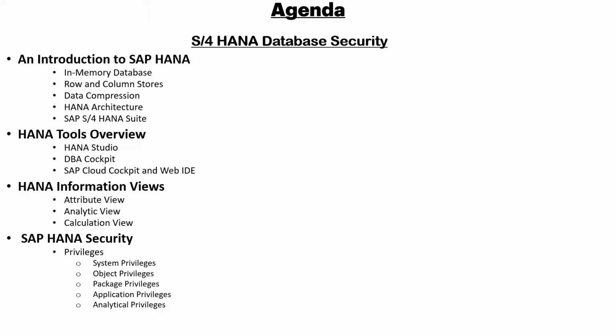Although security practitioners primarily do not create information views, these are usually done by your BI or BW developers, I have included information views because that is what we are securing. So it becomes very important for a security consultant to know what exactly he's securing and how it all comes together in a bigger picture.